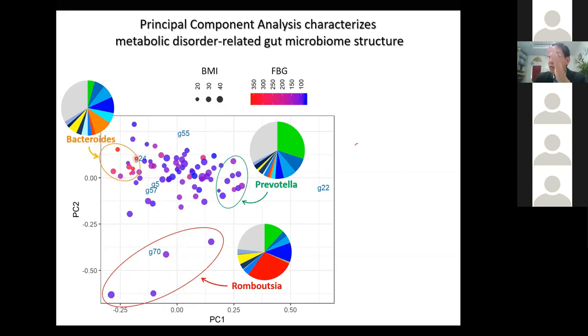This group, with high fasting blood glucose level, is very highly colonized by bacteria here. And these people are highly colonized by Prevotella. And these are very highly colonized by Rhombocyta. This one is quite unusual.